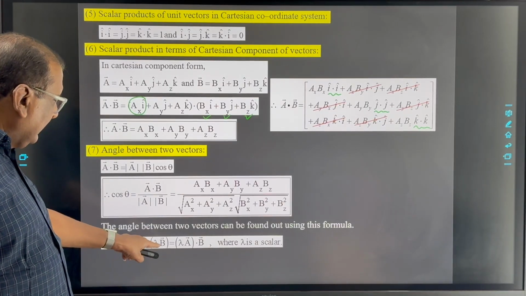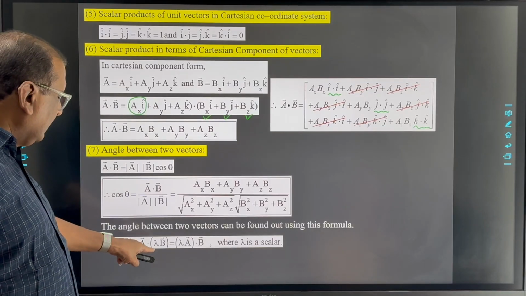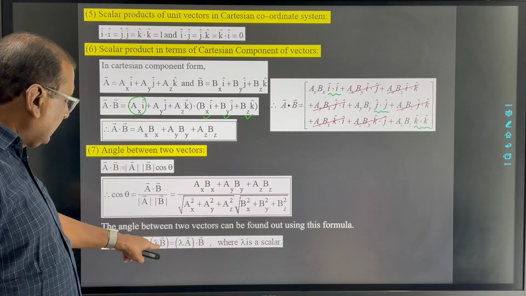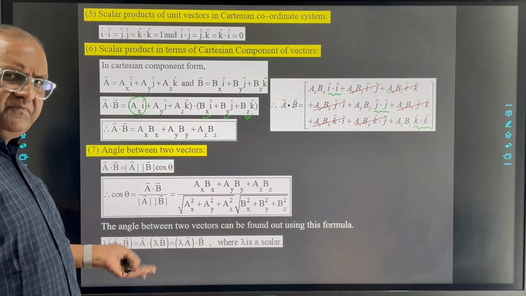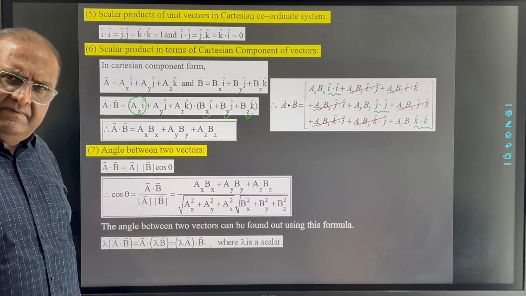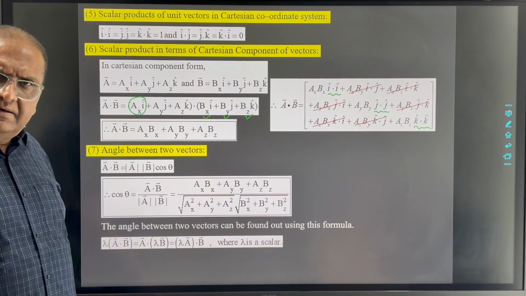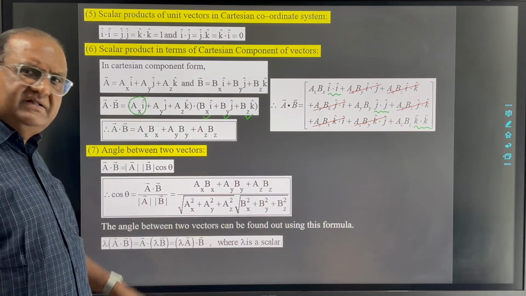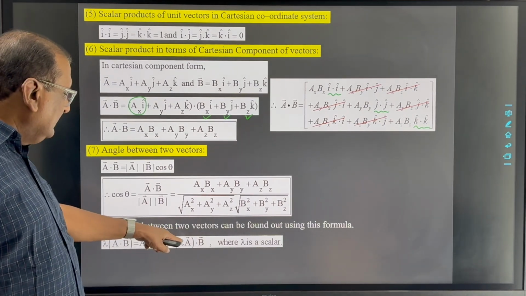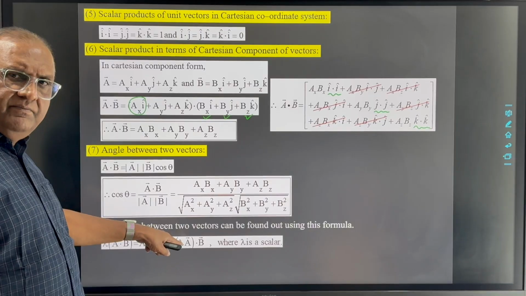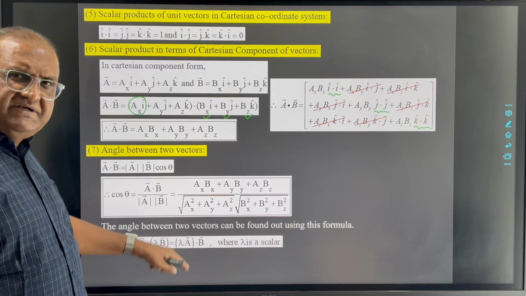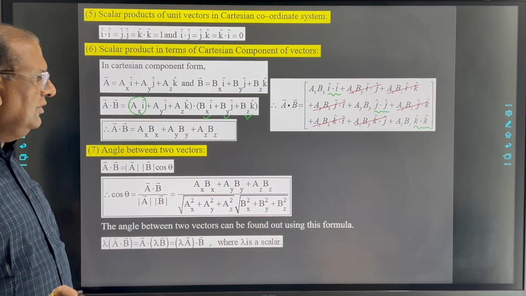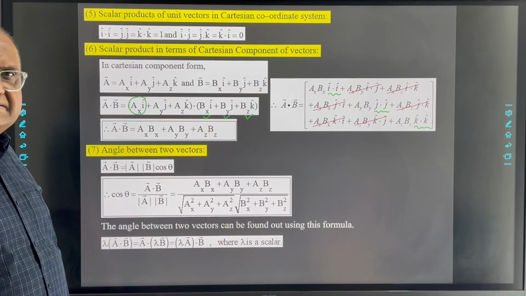Then take the dot product of this new vector with A. Or first multiply lambda with A, you will get a new vector, and then take its dot product with B. If you multiply by lambda, the magnitude of vector A will change, the direction will not change. Clear to all of you? So these are the properties.